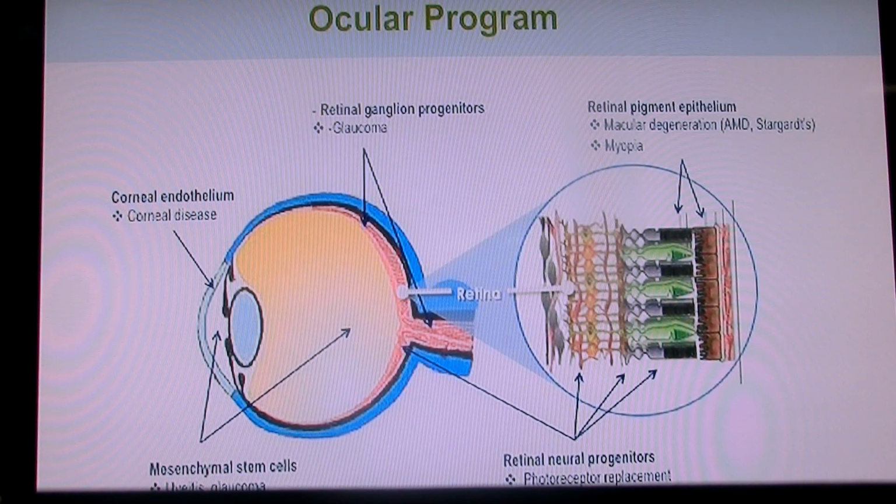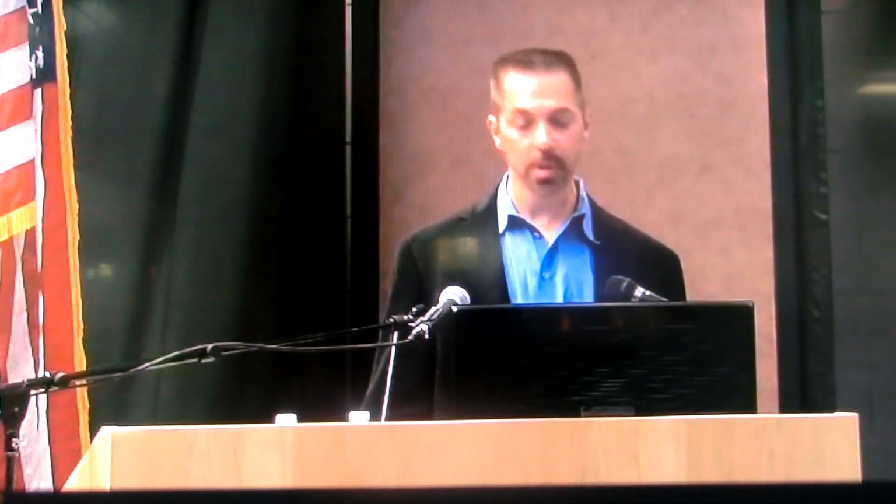We have a program where we're making corneal endothelium to treat corneal disease. There are cells known as mesenchymal stem cells that we can also use for glaucoma, uveitis, and a number of other diseases. And also these retinal neuroprogenitors that we can use to hopefully reconnect up new photoreceptors. These are the cones and the rods that we see for people who may already be blind.